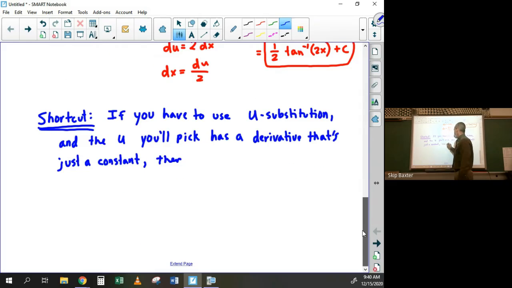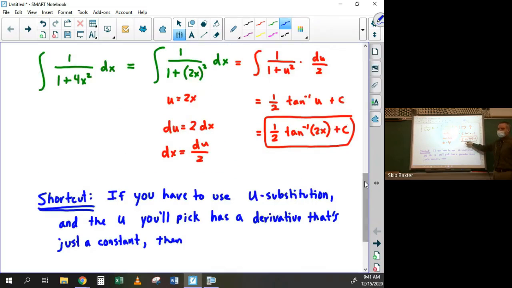Then don't do u substitution. Just pretend like you don't have to do u substitution, and all you have to do is divide by that constant in the end. Like here, you just pretend like you don't have to do u substitution. This would be inverse tangent of 2x, but then just divide by 2 in the end. That's always how it's going to turn out.